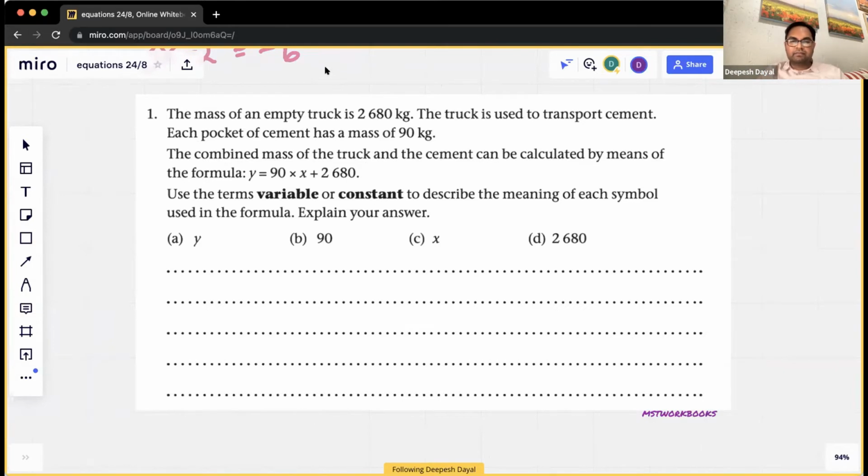Okay, so we've got this next one. I'm going to let you read on your own first, and then I will read it again. So if you can just read this question, and then I will read it with you.